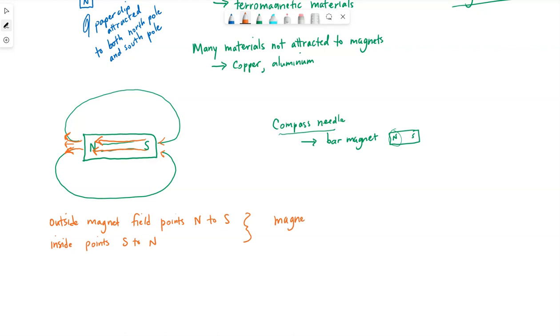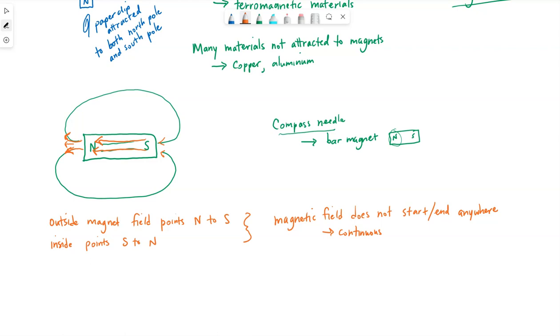Magnetic field does not start or end anywhere. They are continuous. That's different than electricity as well.